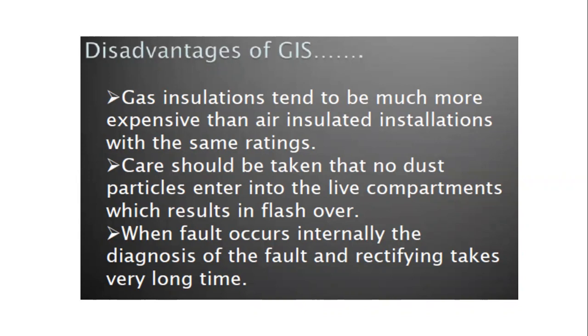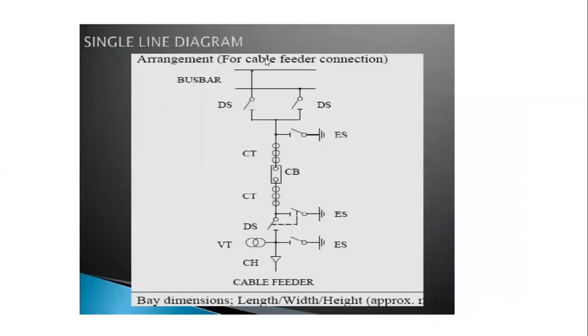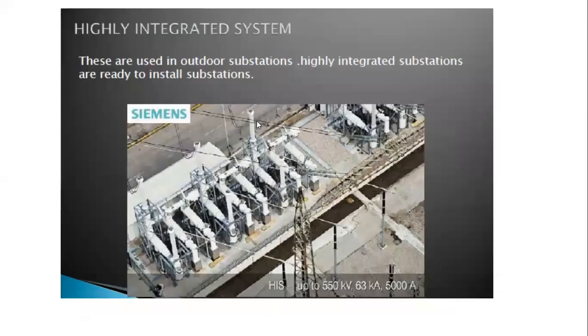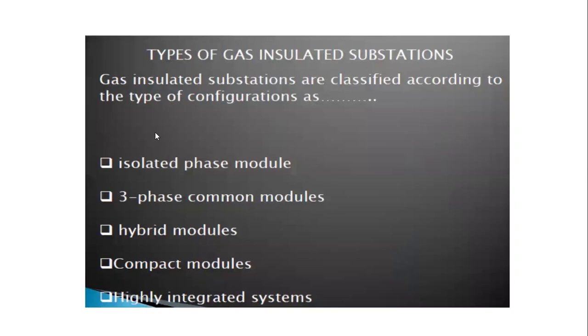These are the major advantages and disadvantages when we are using GIS systems. Understand? GIS means gas insulated substations. This is the single line diagram for the gas insulated substation, and these are the various types: isolated phase modules, three phase common modules, hybrid modules, compact modules, and highly integrated systems.